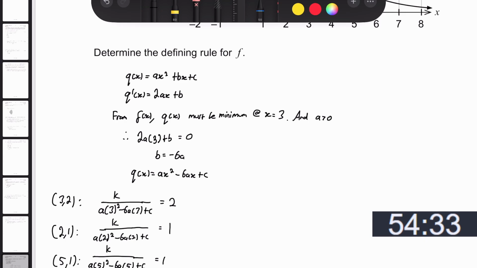If I add that one, that will equal 2, that will equal 1.